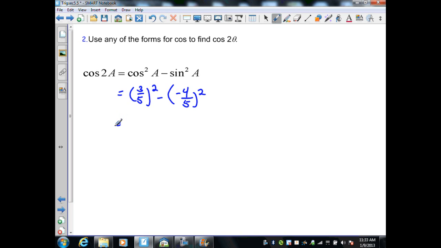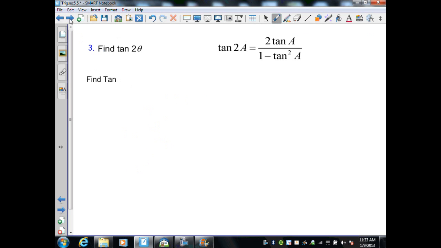Take the square of both. That's going to give me 9/25 minus 16/25. And cosine 2a is equal to 9 minus 16, which is going to give me a negative 7/25.